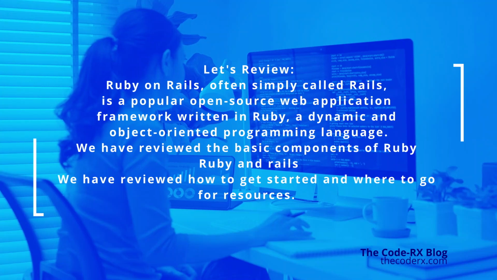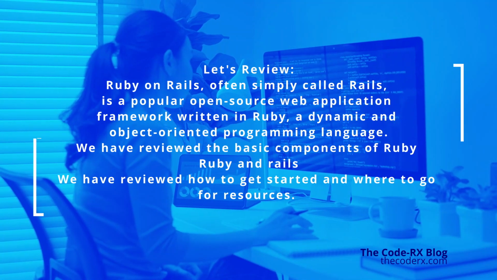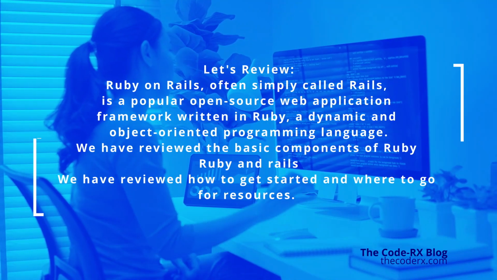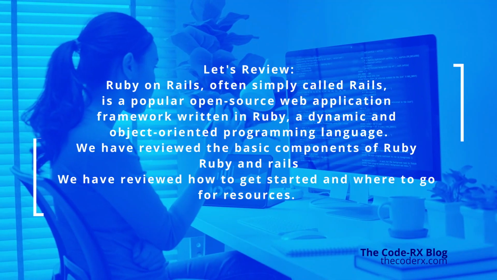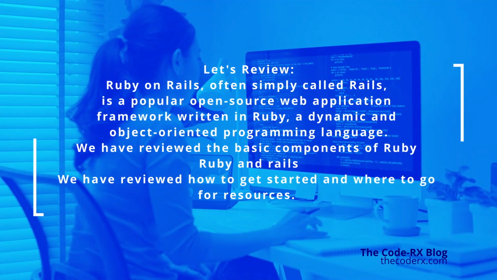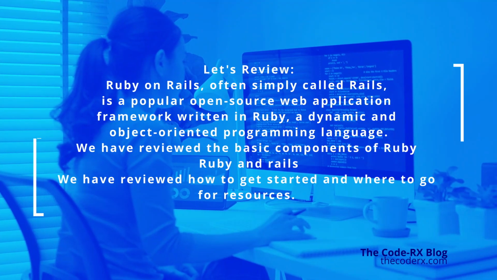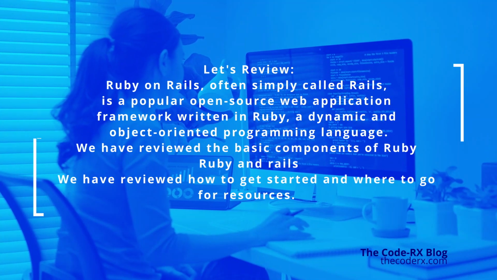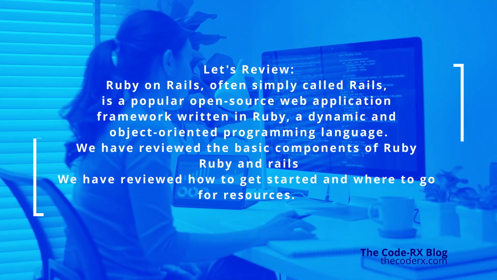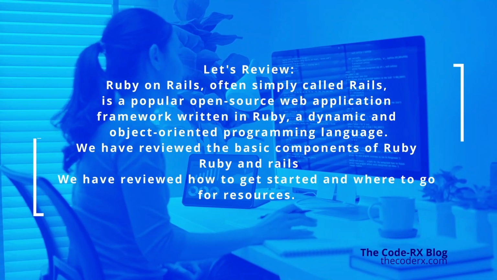All right, so before we get into creating our first Ruby on Rails application, let's do a little review of what we've covered so far. We started out by covering exactly what Ruby on Rails is. We know now that Ruby on Rails is often also referred to as Rails, and that it is a popular open source web application framework that is written in Ruby. We've talked about what Ruby is, and we know that Ruby is a dynamic and object-oriented programming language.